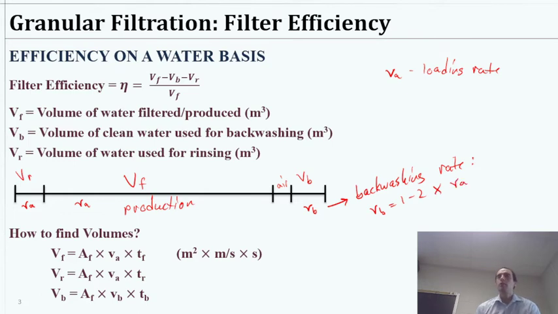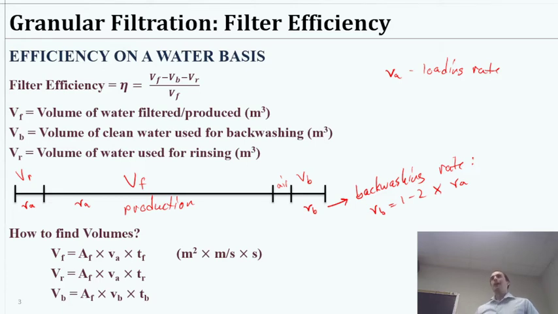So maybe we'll just use VA, the actual loading rate. If you end up encountering a problem and nothing at all is specified, it doesn't mention it at all, and you know that you have to make an assumption, it would be a fair assumption to say, okay, I'm going to assume it's VA. But double check that you don't have a separate way to solve for it, right?